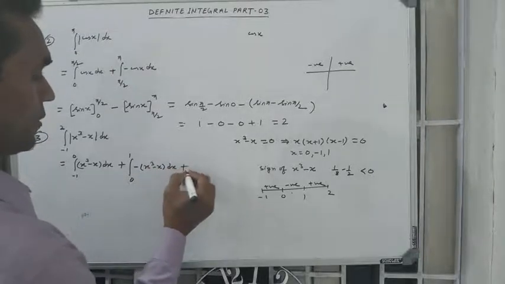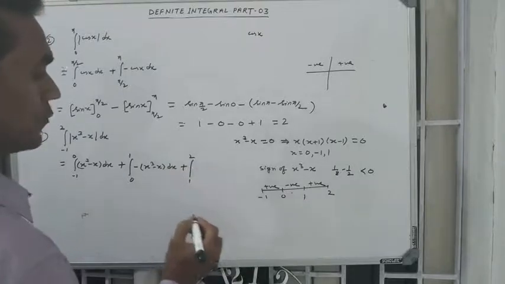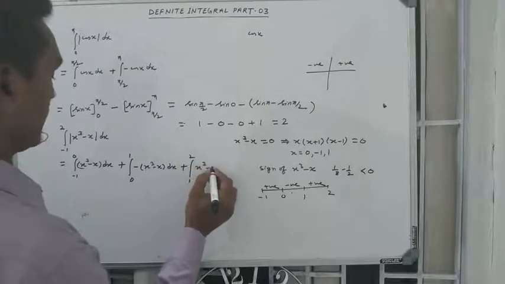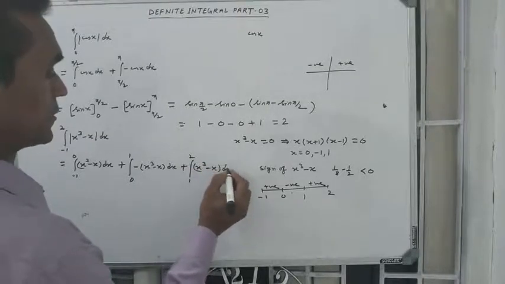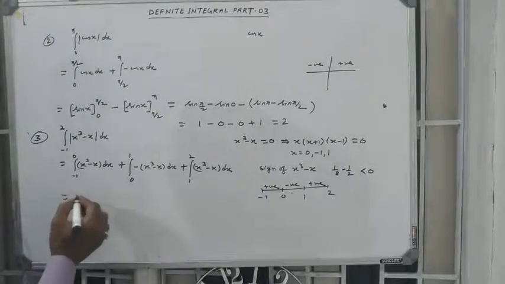And after that again plus 1 to 2, and this is positive, so you simply write down x cube minus x dx. After that, you know the process how to solve this.